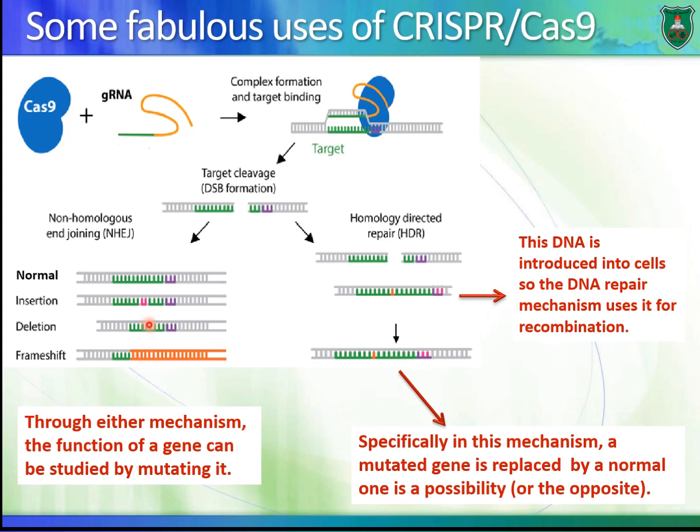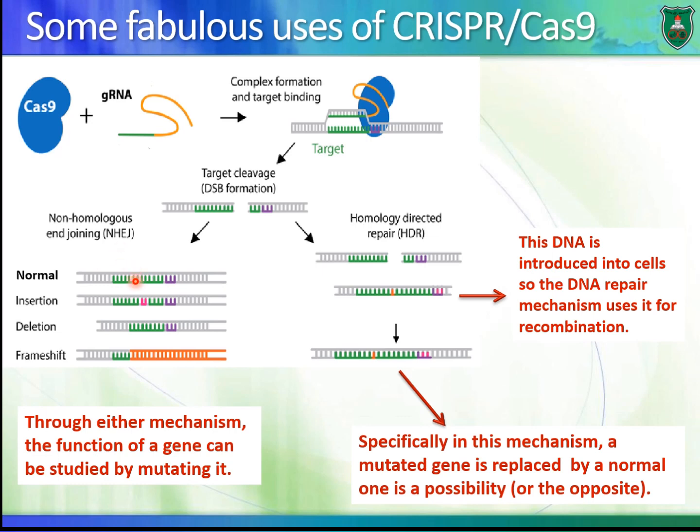So what we're doing here is that if we guide the Cas9 into a specific gene, and we want to disrupt this gene, we want to make it faulty so that it doesn't become functional anymore, we can do this by activating the non-homologous end joining repair system.